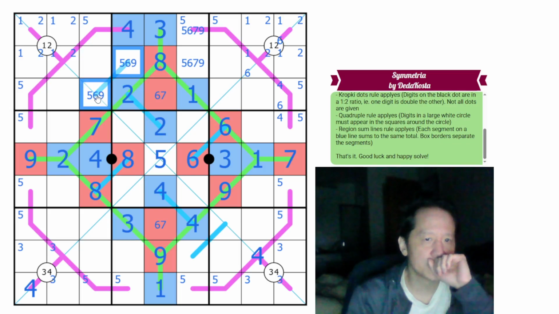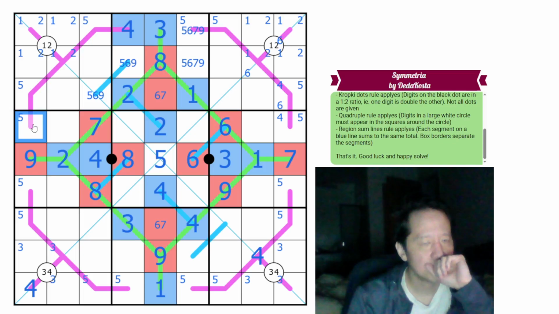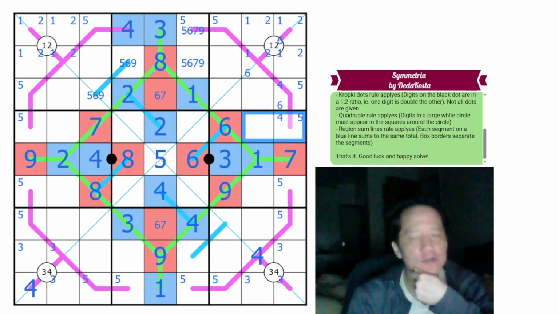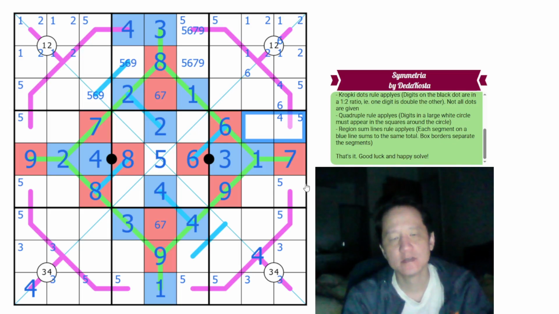Well, whatever digit this is, if it's 5 or 6, it has to be here. Let's see, what else do we know? These digits remaining here are 2, 4, 5, and 8. But this cannot be 2.